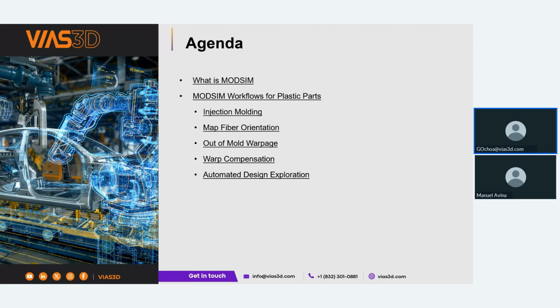This is important because this is the simulation where we're going to get the input we need for this type of applications. And then the focus will be more on mapping the fiber orientations, doing some out of the mold warpage. We will also talk about warp compensation for injection molds, and then very important to discuss about the automated design exploration using the MODSIM approach.